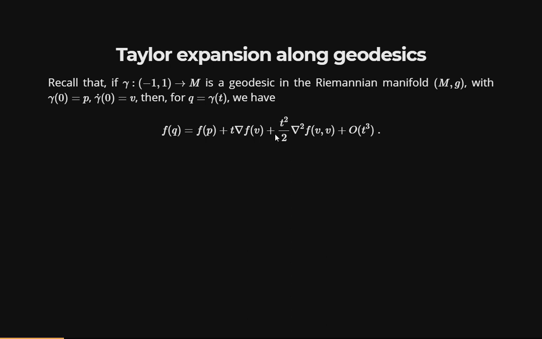In general, if gamma is not a geodesic, here you also have a term which depends on the scalar product between the gradient of f and the covariant derivative of the velocity of gamma along gamma, so what you would call the acceleration of gamma.